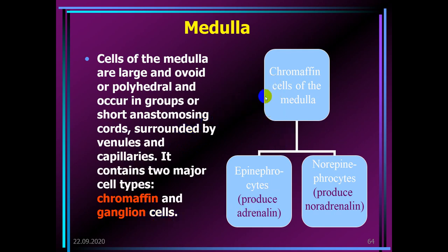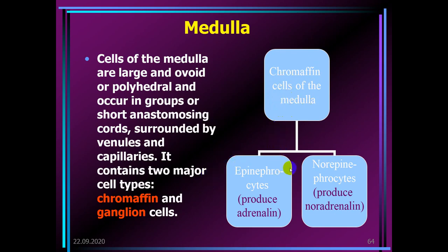Hormone-producing are chromaffin cells. Why chromaffin? These cells, like all components of nerve tissue, are better stained by salts of heavy metals. Salts of chrome stain these cells black. That's why they are chromaffin cells of the medulla.